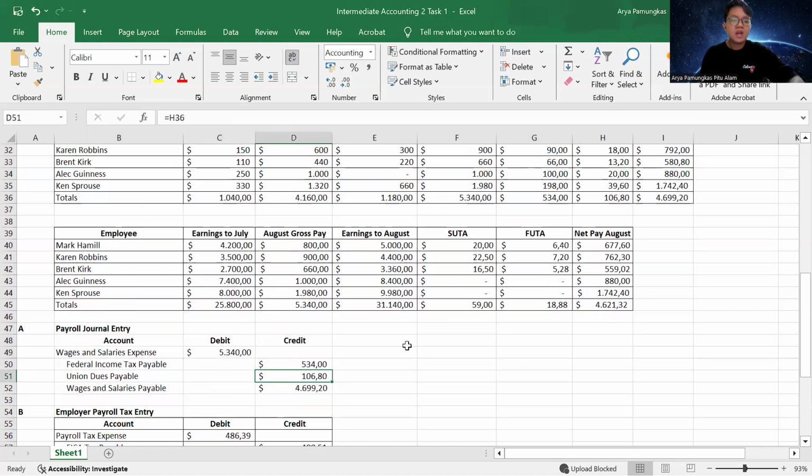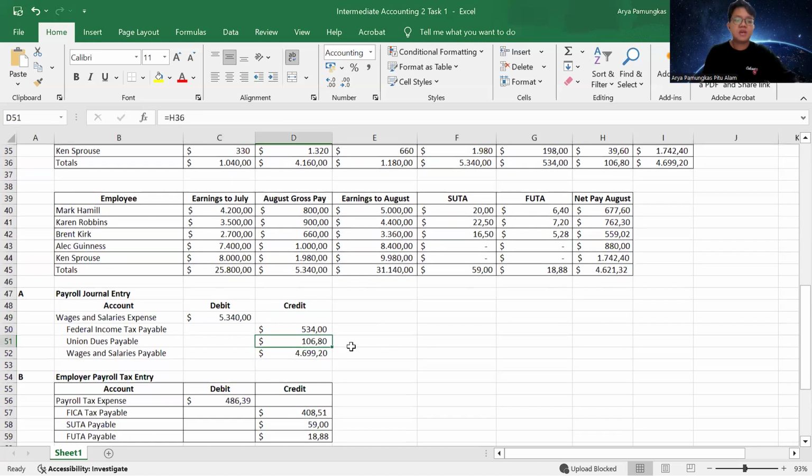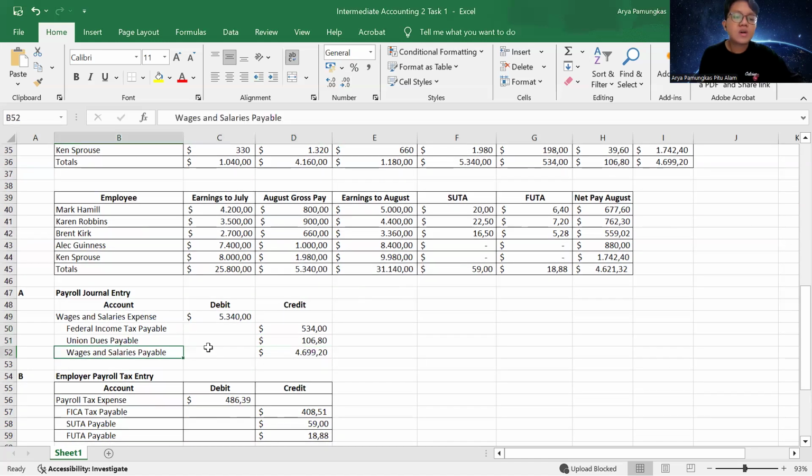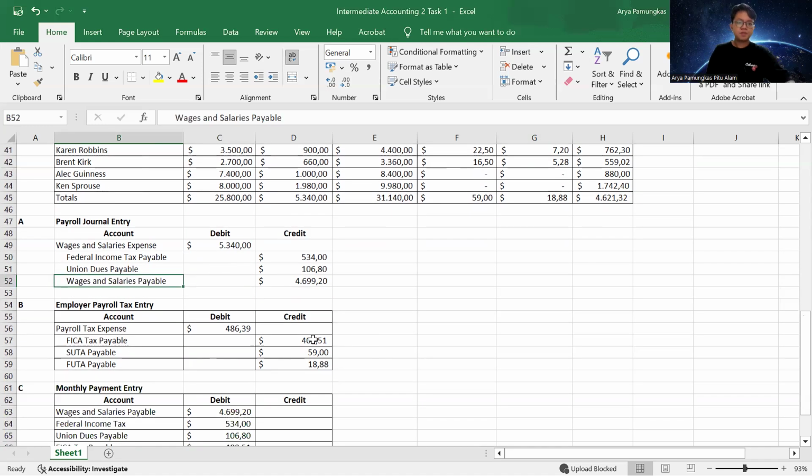We just have to move the total amount of our federal income tax and union dues payable. And after that, we are going to get the wages and salaries payable for August, which is $4,699.22.